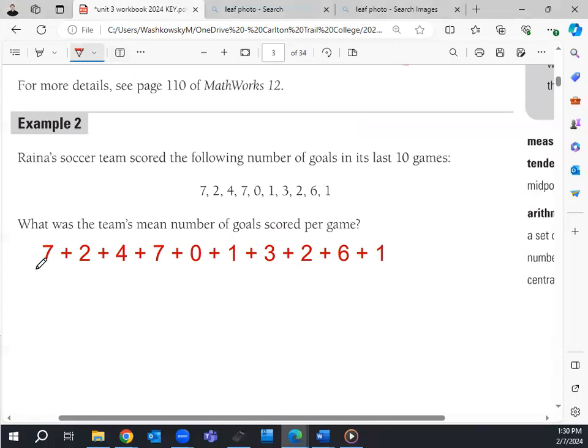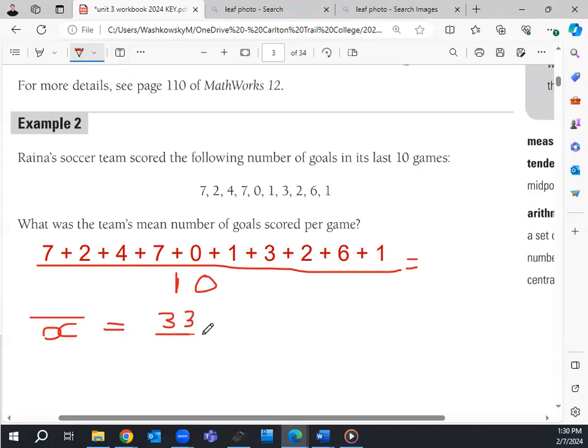You're adding all the numbers up and dividing by how many numbers there are. 1, 2, 3, 4, 5. The 0 counts. 6, 7, 8, 9, 10. So if I add all this up, I'm going to get, I'll put it over here. Yes, so the mean, and instead of writing mean I use my little symbol here, is, you're right, 33/10, which in reality is 3.3.